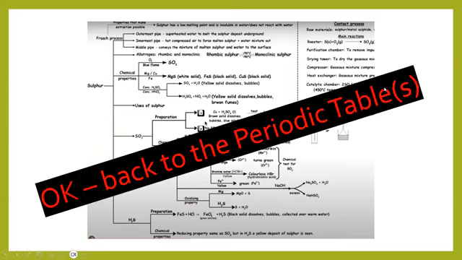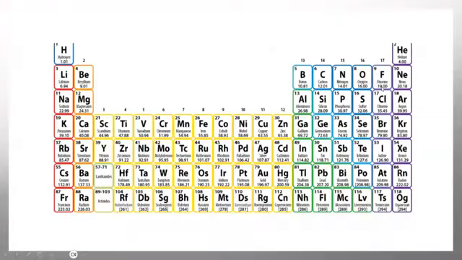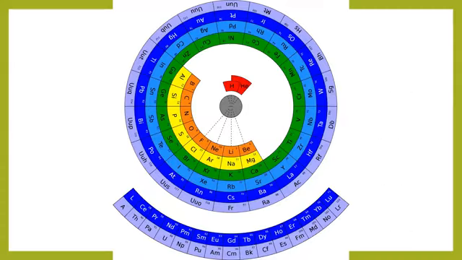So let's get back to the periodic table, and we're going to simplify things. Here is the periodic table. You will be very familiar with it. Well, you may be, or maybe you're not, because there are lots of different kinds of periodic table, and you may have come across them.